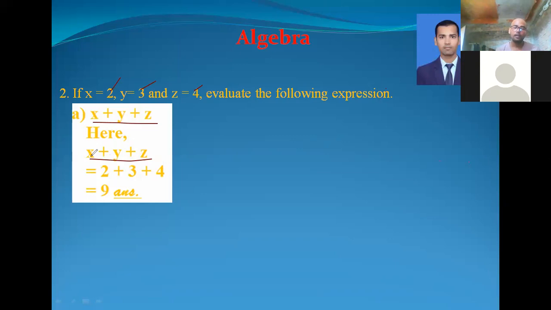So the value of x is 2 here. You can see the value of x is 2. In the same way, we replaced y by 3 here, because the value of y is 3 as given to us.